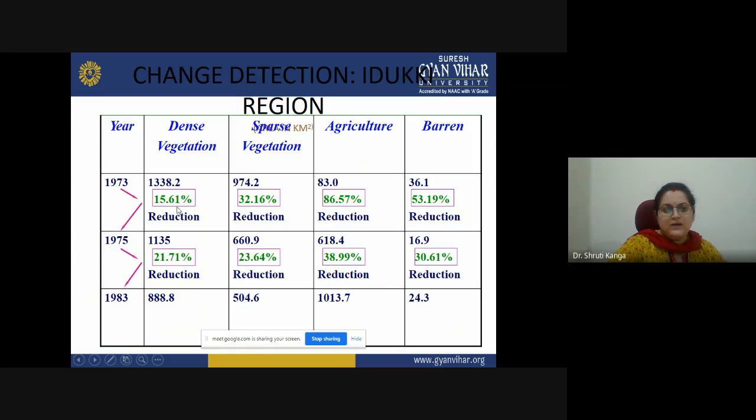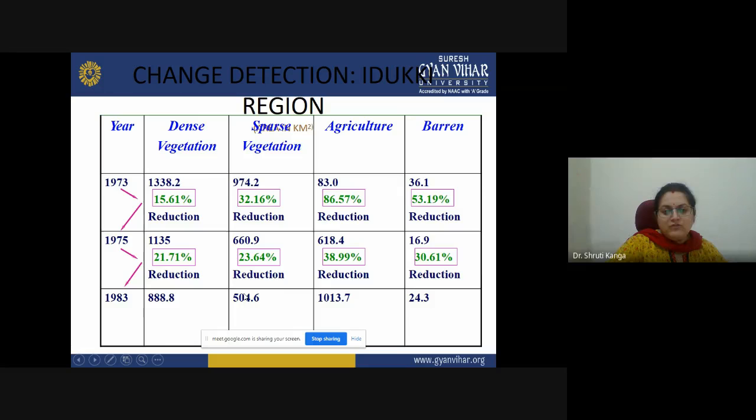You see here, in 1976 the dense forest was 15.61. In 1975 it is reduced up to 21 point this percent. And in 1983 it was only 88.8 square kilometers.